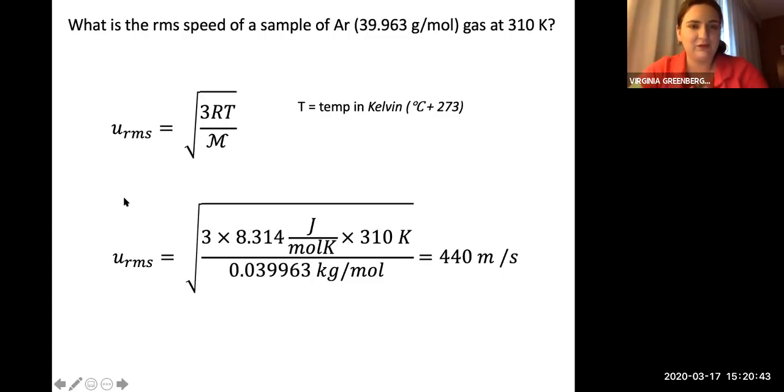So anyway, getting back to the problem, we have our equation, we have our temperature in Kelvin, which is good news. We'll need to use our gas constant, which is 8.314 joules per mole Kelvin. Seeing the Kelvin in that gas constant can help us remember to put our temperature in Kelvin, because we'll need those units to end up canceling out.